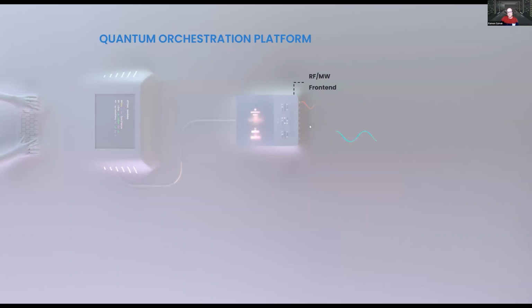So DACs, ADCs, and then up conversion and down conversion to reach microwave. And then at the center of everything that we do is what we call the pulse processor. The pulse processor is a processor architecture, an instruction set that was developed by Quantum Machines.